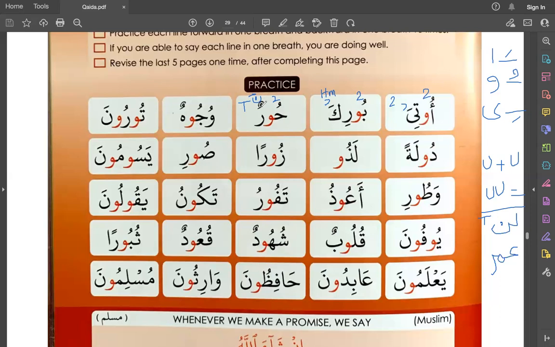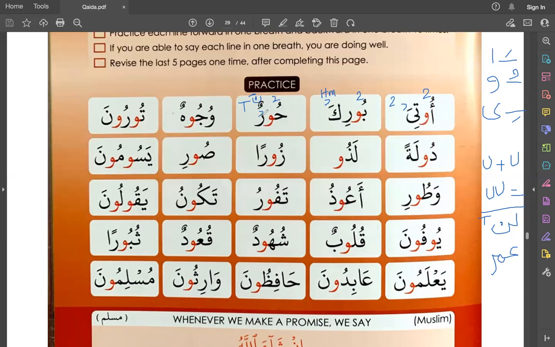You will give sukoon at the end. You will remove these dhammatain, and you will give sukoon. And Ra with sukoon will again get sifa tawassut, because this is part of lin umar. Look, here is Ra. And the other thing, before this temporary sukoon, you found that a two counts long vowel is preceding it.